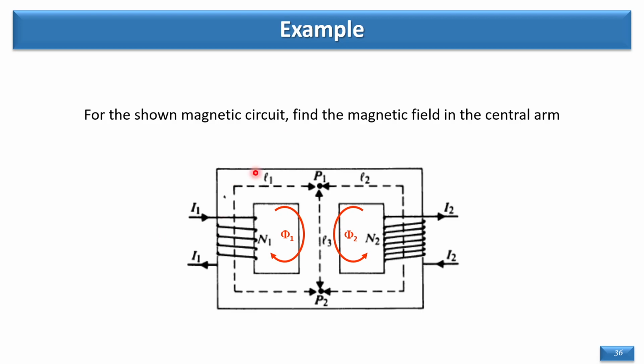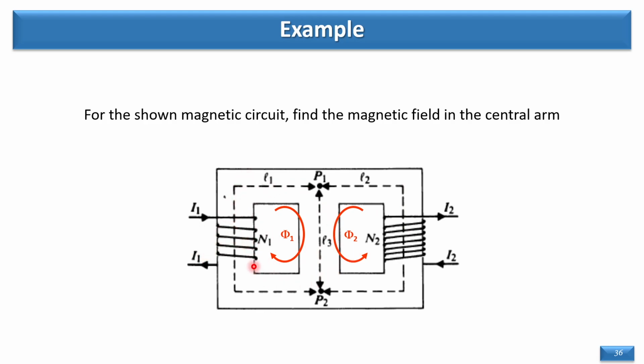So the positive for this one is going this way. On the other one, again, we put our right hand fingers along the direction of rotation of the coil, and the positive is in that way. So this coil is pushing flux that way, and this coil is pushing flux that way.